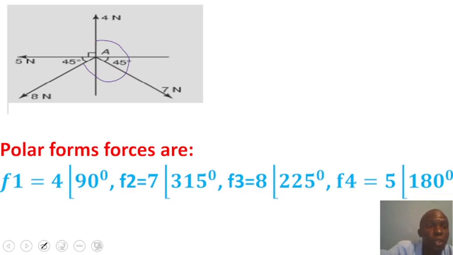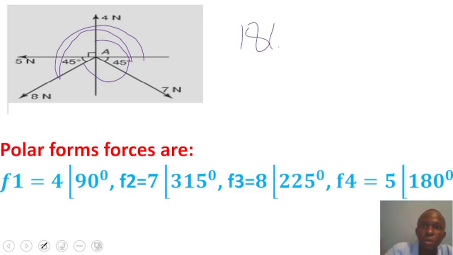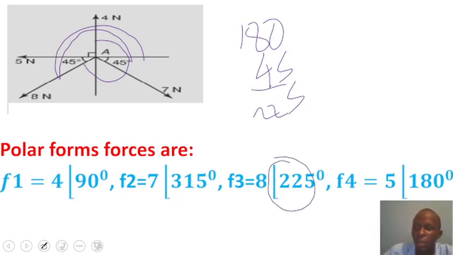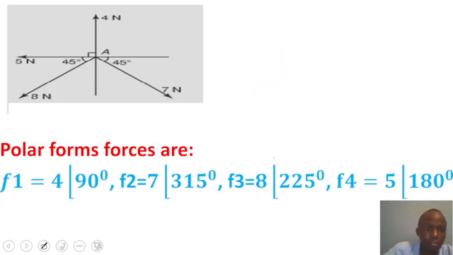Now from the x-axis in that direction, the angle is 180 plus 45. That is 225. And the other one is F4, with modulus 5 and argument 180.